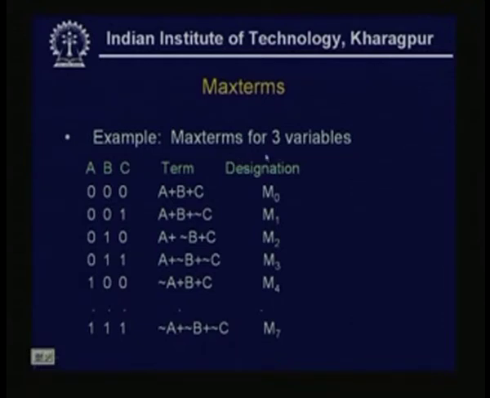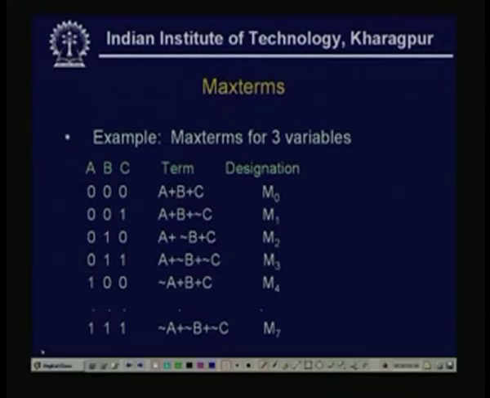See, again a similar example we can see for the 3 variables. Here again it takes the 8 combinations for 3 variables, 2 to the power 3, and see that all dots are replaced by plus. So, this is A plus B plus C, this is A plus B plus negation C. Now, observe one thing: in the min terms, we have defined 0 as complemented A and 1 as the uncomplemented one.